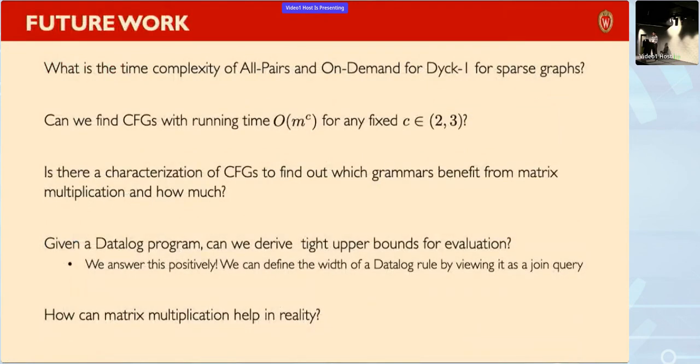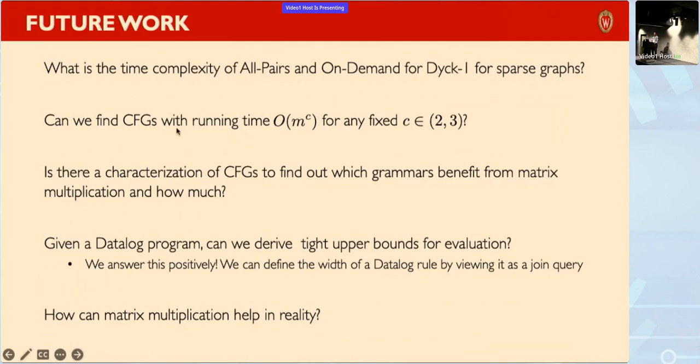Okay, let me quickly summarize a few future work directions and important open problems that still remain. The first one is that the complexity for Dyck 1 is still unsolved. The main reason is that in all of our reductions, we are using encodings of integers, which requires at least 2 brackets. We don't really know how to encode those using Dyck 1.